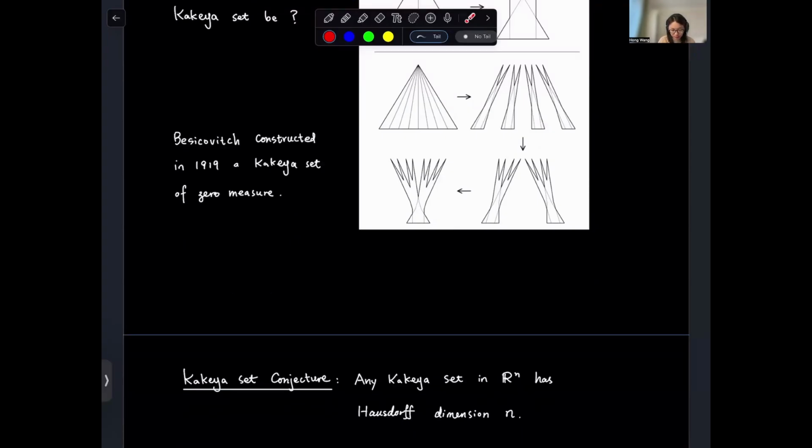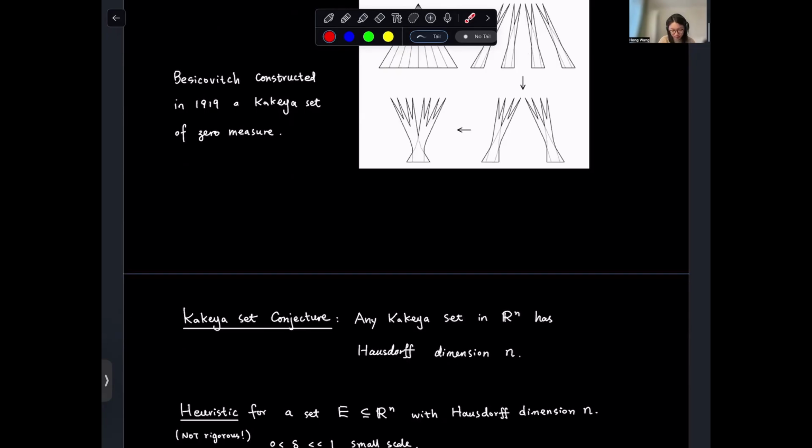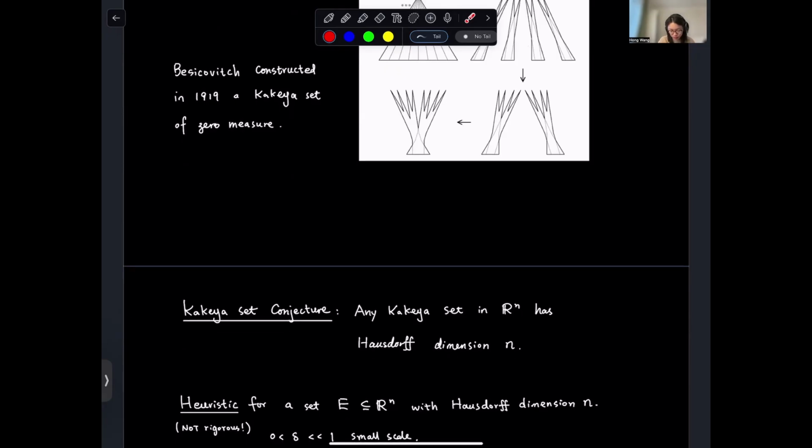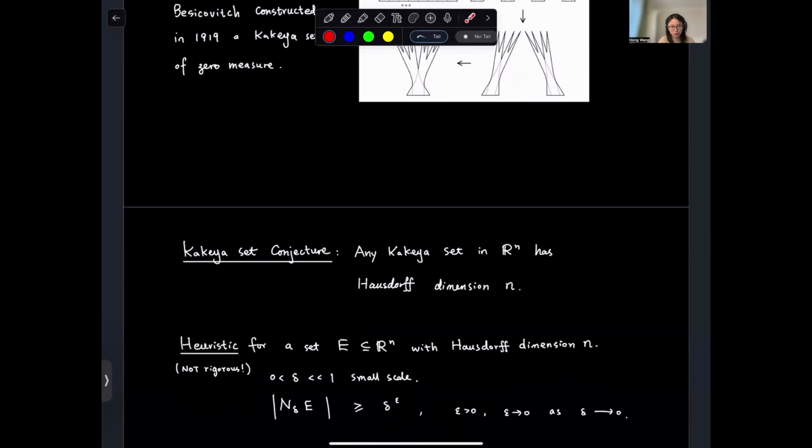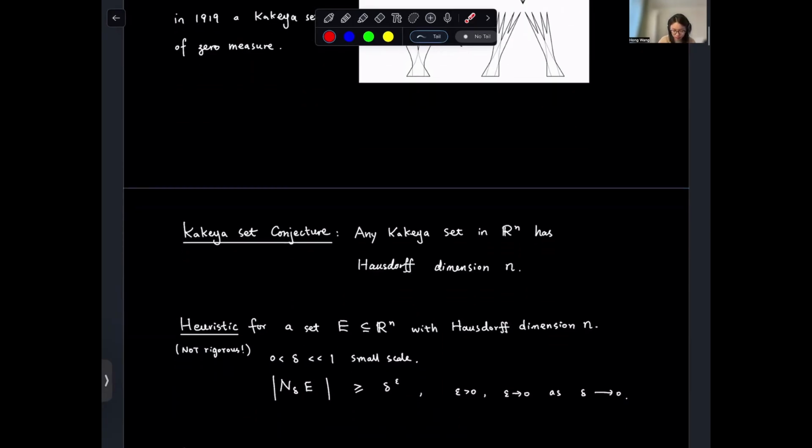So the Kakeya set conjecture states that any Kakeya set in Rn has Hausdorff dimension n, which means the Kakeya set could not be too small. It should have full Hausdorff dimension. So how do we think about Hausdorff dimension?